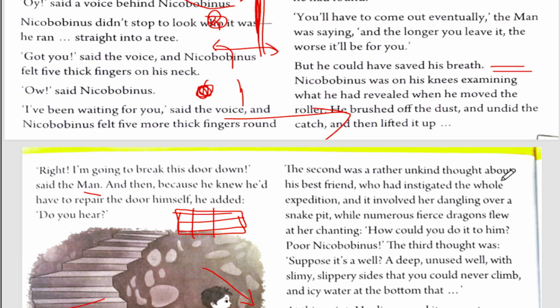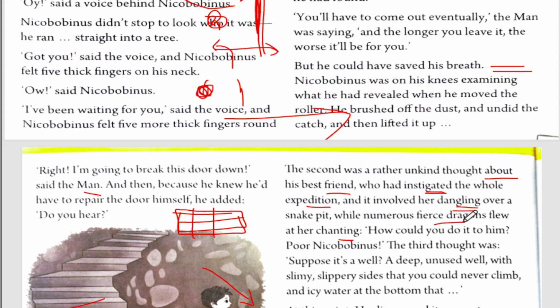"The second was a rather unkind thought about his best friend." Who was his best friend? Rosie. So the second was very unkind, not very pleasing, about her, who had instigated the whole expedition. His best friend had instigated, that means planned, this whole expedition, that means journey. "And it involved her dangling over a snake pit, while numerous fierce dragons flew at her chanting."